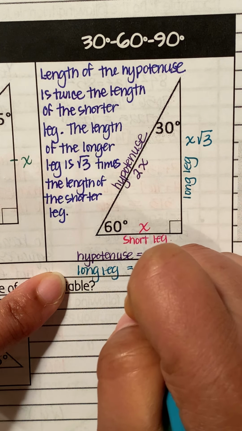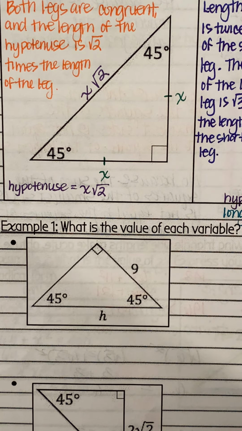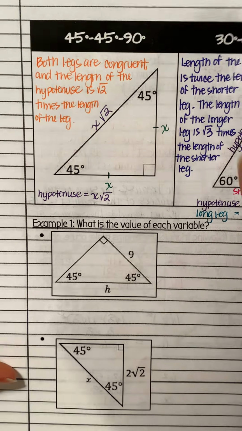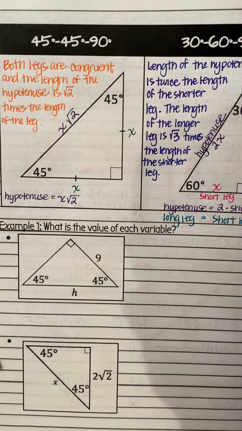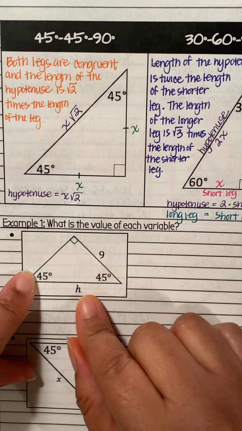Okay, let us do some problems, and we're going to start with our first example, example 1. We're going to need to remember some of these things that we learned about the 45, 45, 90 degree triangle. Let me zoom out a little. Looking at our example, example 1: what is the value of each variable?